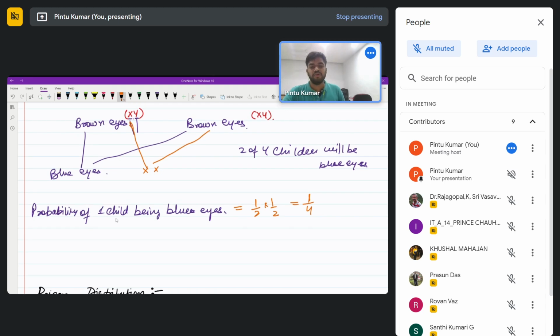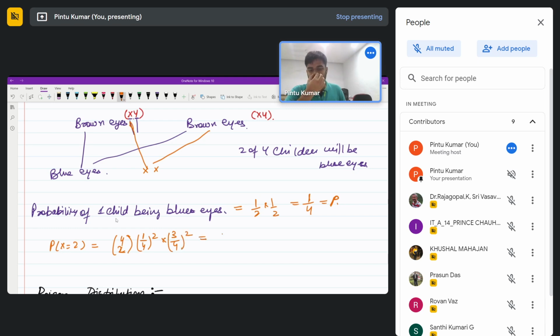Now it becomes easy. The probability of one child being blue eyed is 1 by 4. So the probability of X equal to 2, using the binomial distribution, is 4C2 into 1 by 4 to the power 2 into 3 by 4 to the power 2.